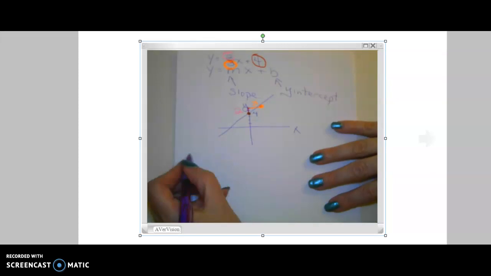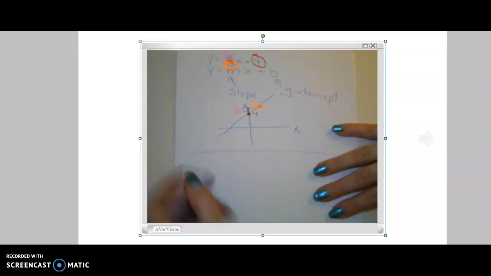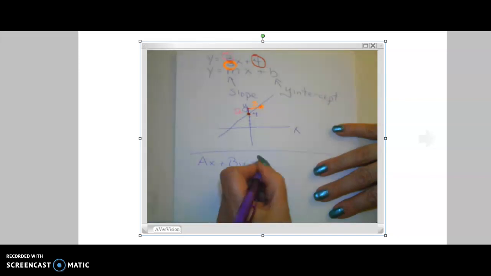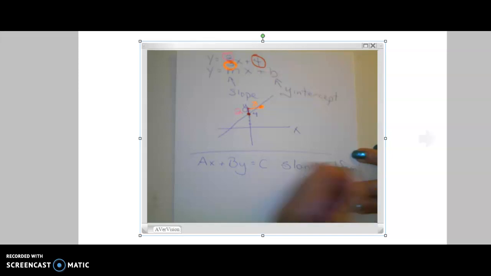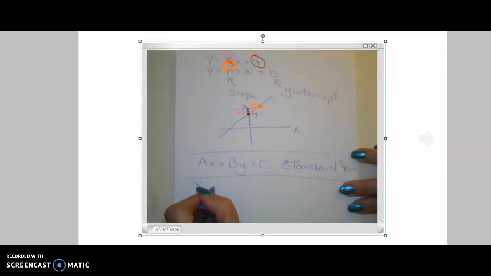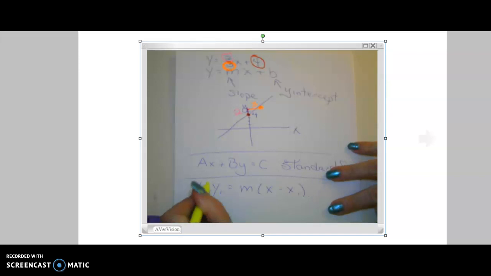Now, the other equations, just so you remember them, ax plus by equals c. That is standard form. And then there's also y minus y1 equals m times x minus x1, where these two, x1 and y1, are your ordered pairs.